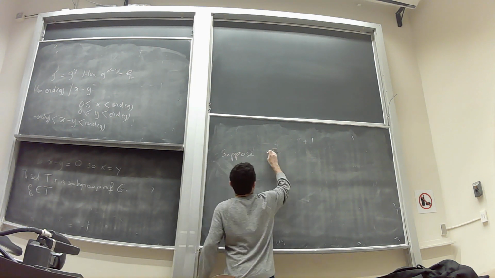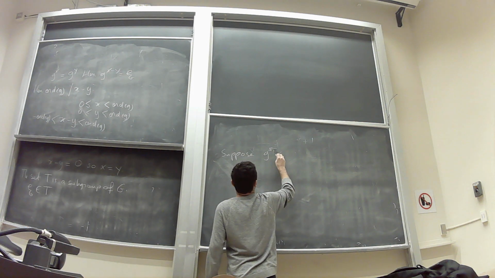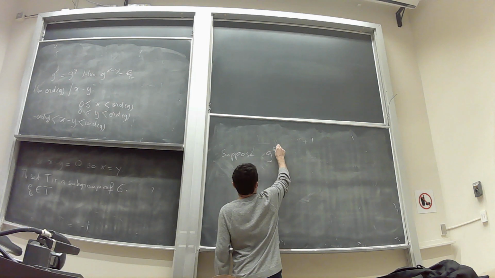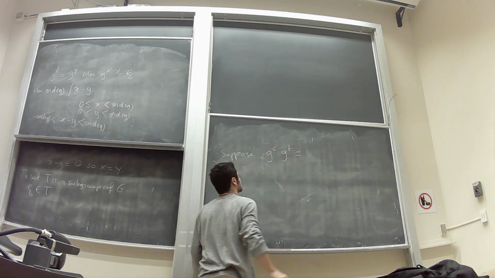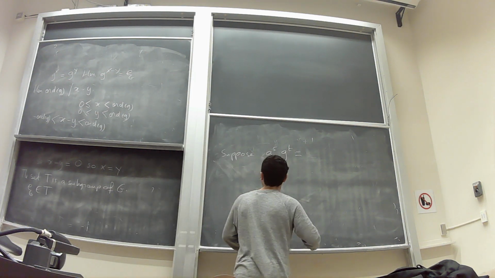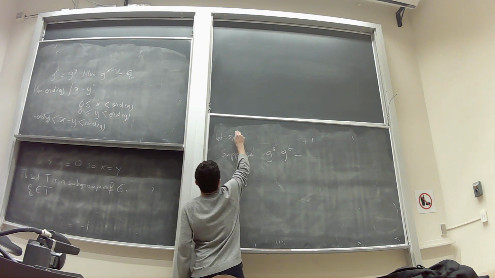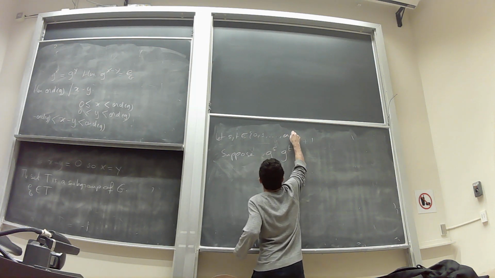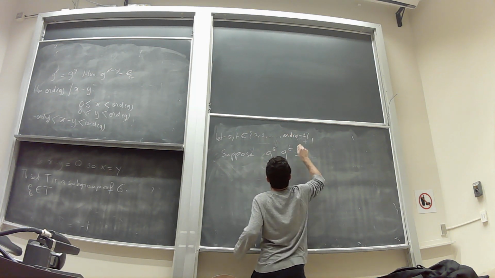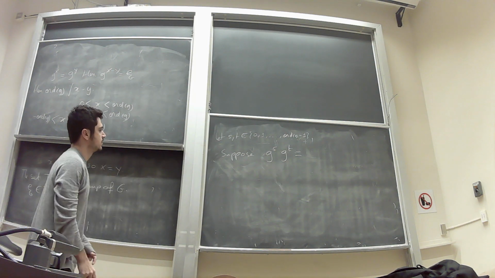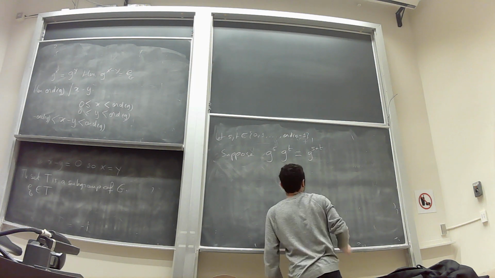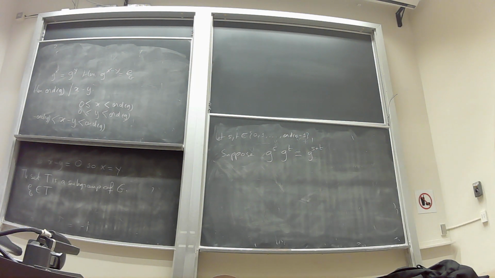Suppose that g^s, well, we know g^s times g^t. What is that equal to? Well, let s and t be 0, 1, up to order of g minus 1. g^s g^t, what is that equal to? This is g^(s+t), right? You see that?